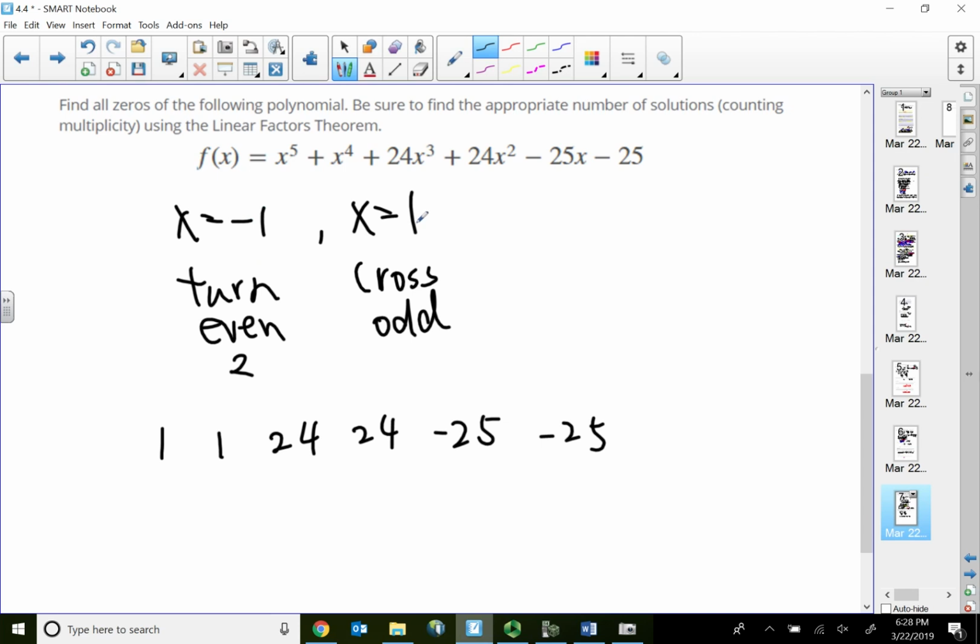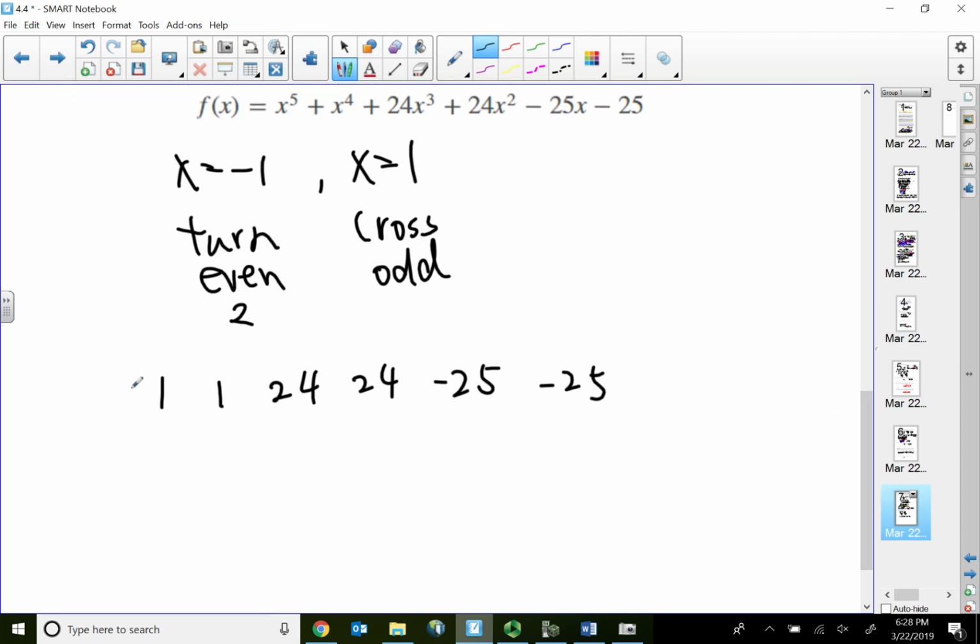And if I assume the cross is a 1, that means I can use 1 one time. Now I could have used it 4 different times, but I don't need to. To knock the 5th power down to a quadratic, I just need to do synthetic division 3 times. So I'm going to use 1 one time and negative 1 twice for the multiplicity.